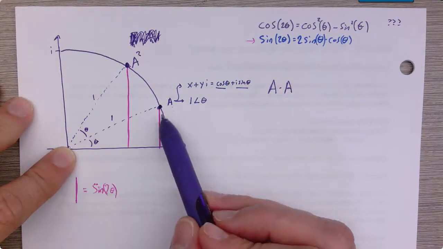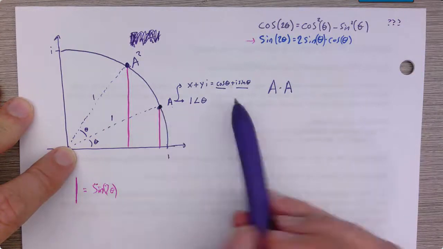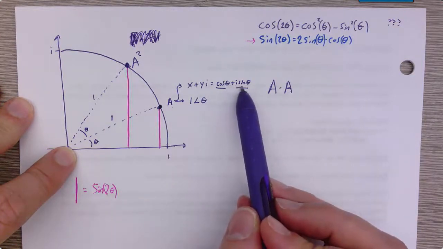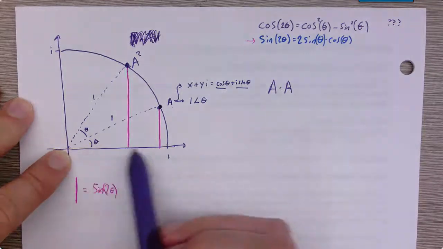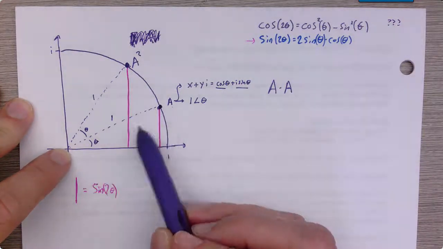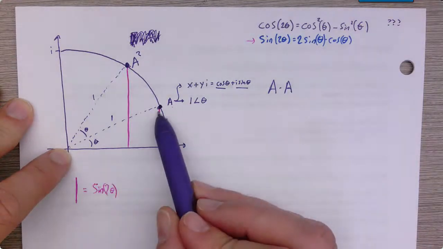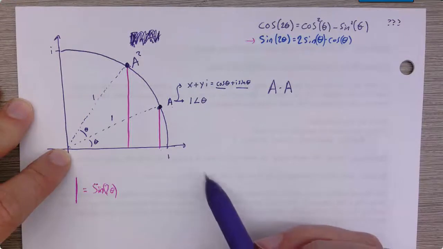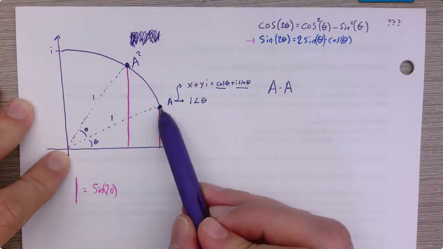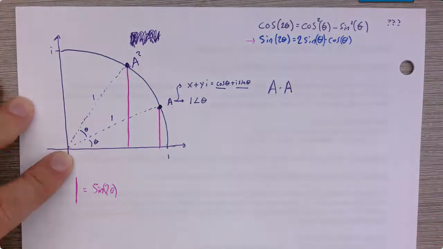So the imaginary part has a height of sine theta, and that's where the i sine theta comes from. This distance would be the cosine of theta divided by 1, which is just cosine theta. And notice that this is the real part of that number. It's how far over I go along the real axis. So if I wanted to write down the coordinates of this point in a rectangular way, I'd say cosine theta plus i times the sine of theta.